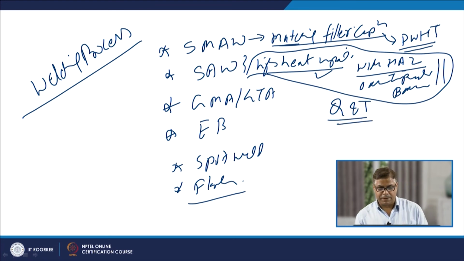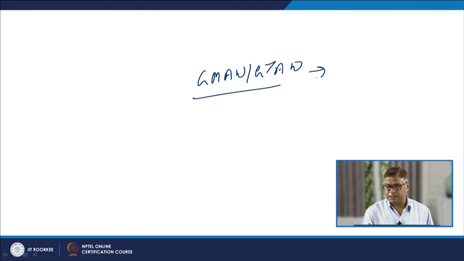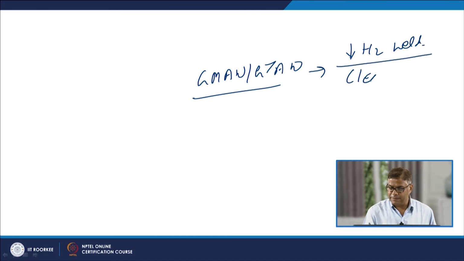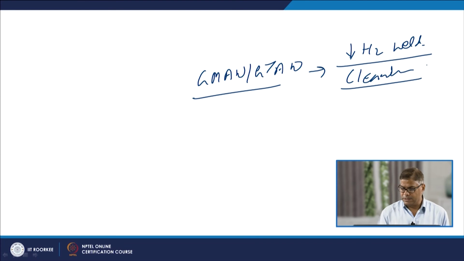On the other hand, if we are using processes like GMAW and GTAW, both these processes offer low hydrogen weld joints. So, in general the weld is cleaner, and we are able to produce weld joints which are less prone to defects and discontinuities.